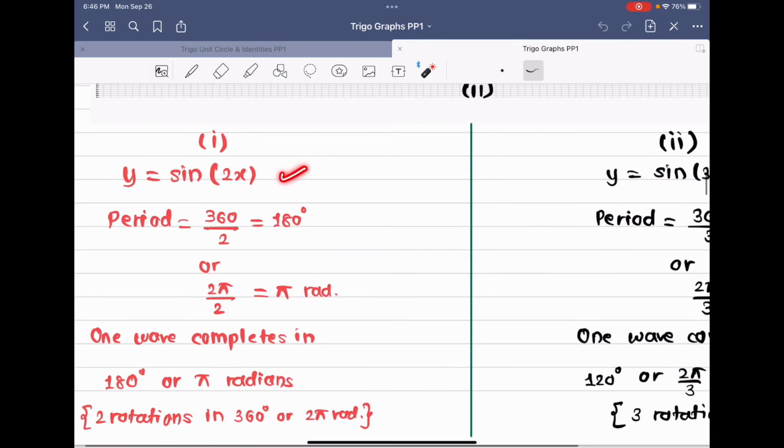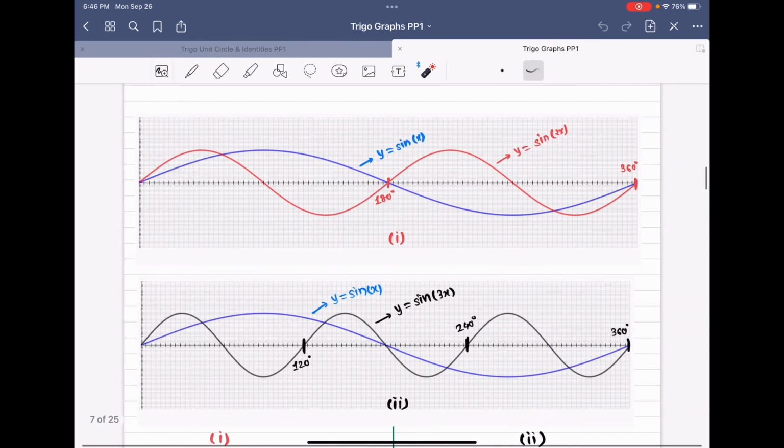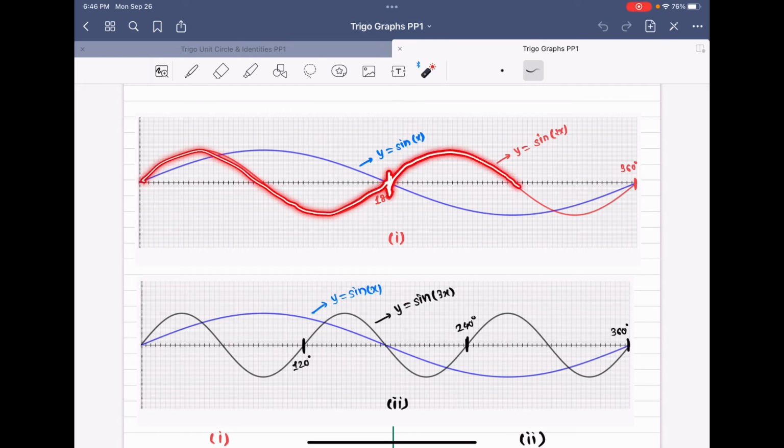Y is equal to sine 2x, 360 upon 2, because this is 2, 360 upon 2 is 180 degrees. So one wave is completed in 180 degrees, you can see here. You are not stopping here because you are completing in 360 degrees. So another wave is completed from 180 to 360. So total 2 rotations, or 2 waves, are completed.